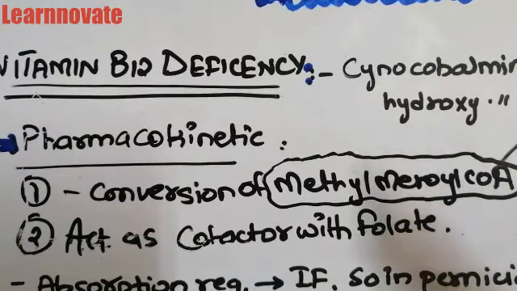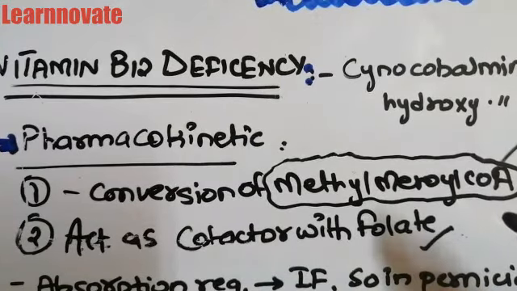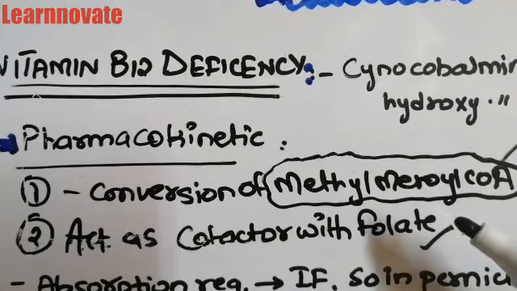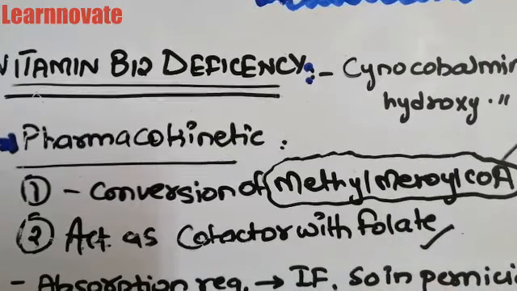The second important function is that vitamin B12 acts as a cofactor with folate and helps in the synthesis of DNA. That is also a very important role in the synthesis of RBCs and hemopoietic factors. So these are both important roles performed by vitamin B12 in our body.